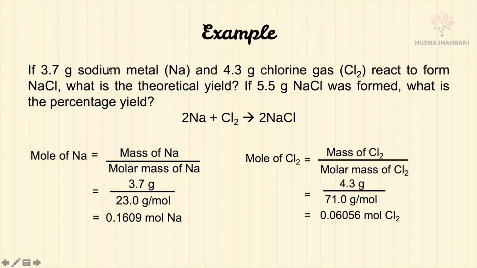We know the mass of the sodium metal and chlorine gas, so we have information for both reactants. We need to compare with the product, but before that, we need to find the limiting reactant first. So we need to find the number of moles of sodium and chlorine gas. The number of moles of sodium is 0.1609 mole.